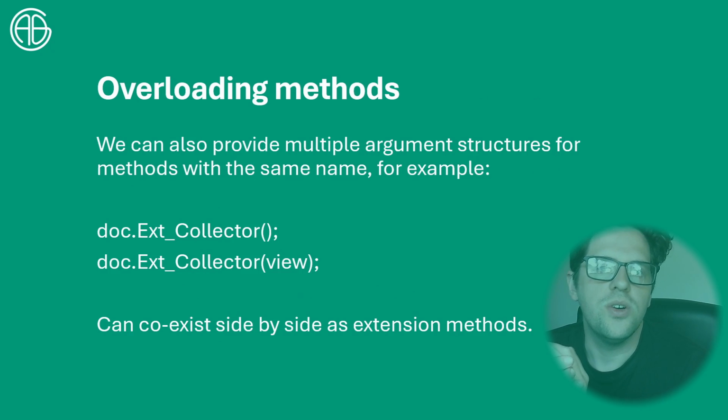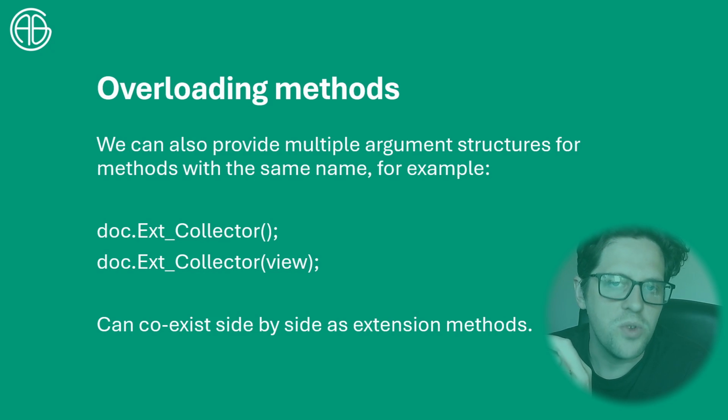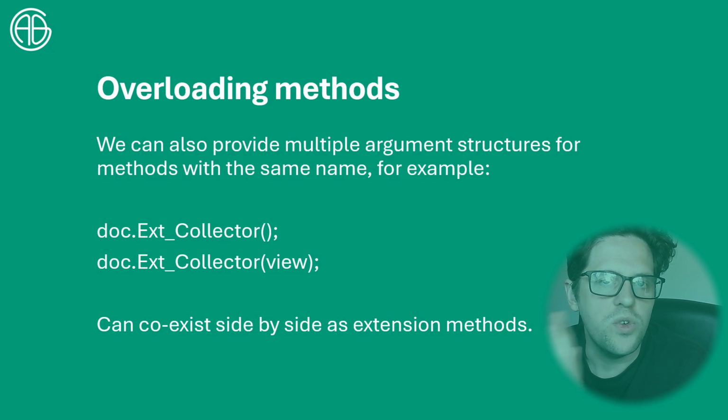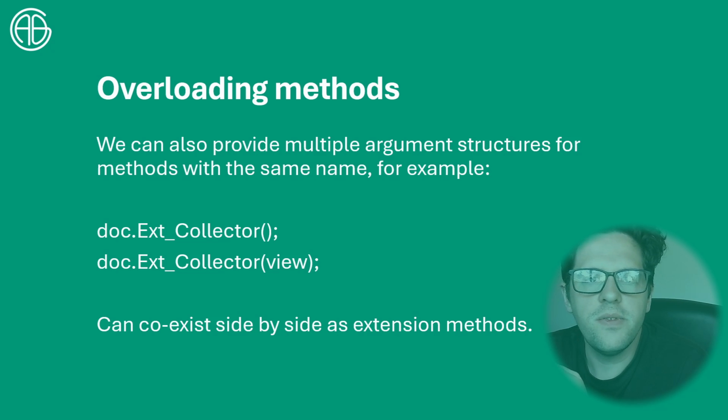We're also going to touch on overloading, or in this case polymorphism, but overloading more specifically. An overloaded method means that it has more than one option of how that method can be declared. So let's say we have a method ext_collector, which is going to provide a filtered element collector of a document. Well, in this case, we can also support another version of this method in the same place.